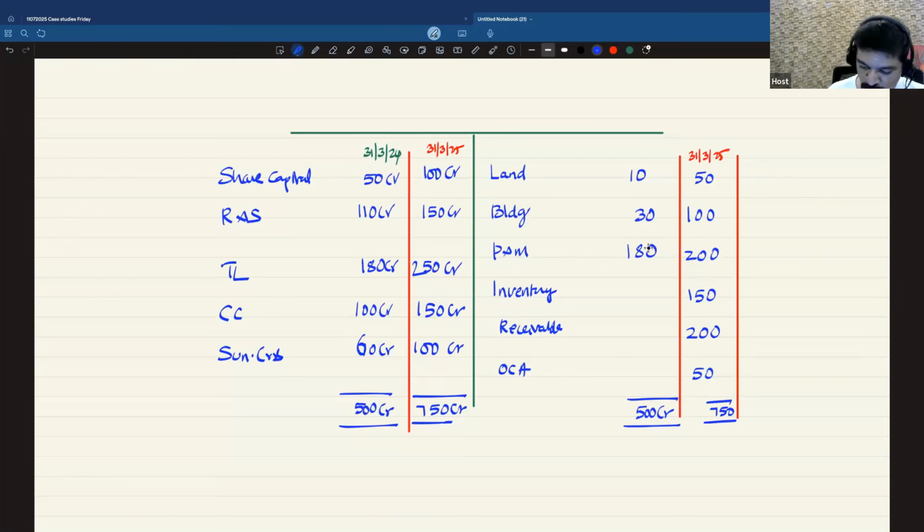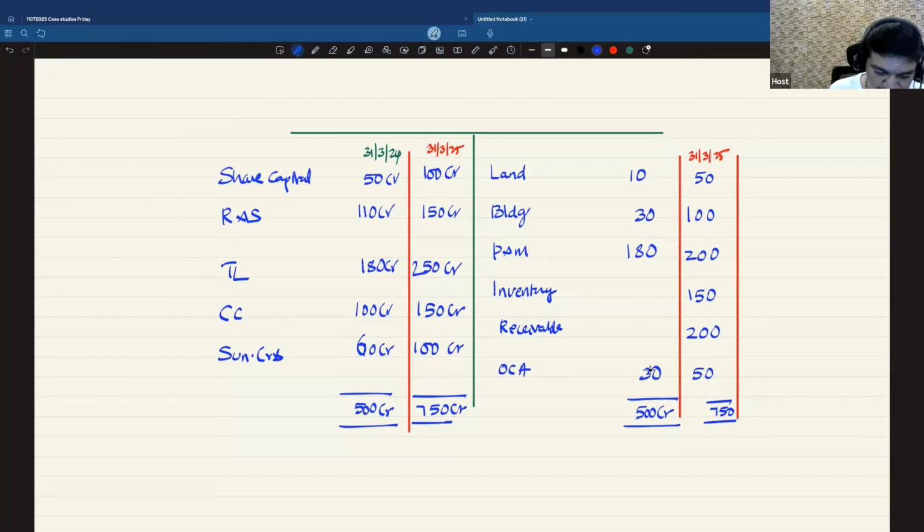So this itself now makes how much? 180 plus 40, 220 crore. It means 500 minus 220, 280 crore is the breakup of current asset. Let's say this is around 30 crore.